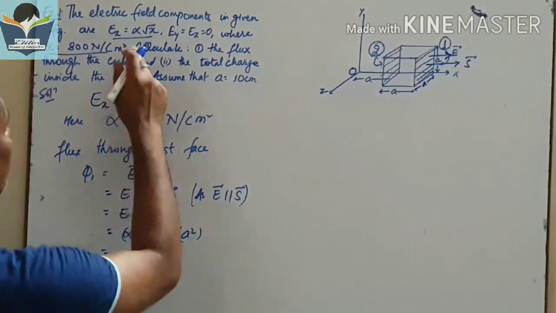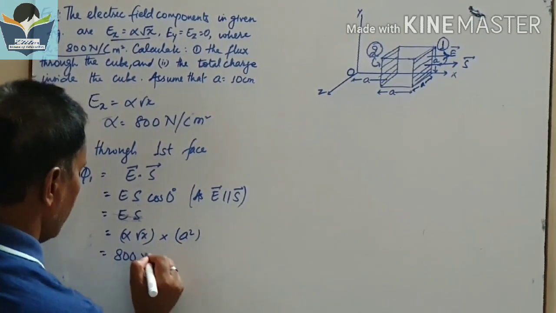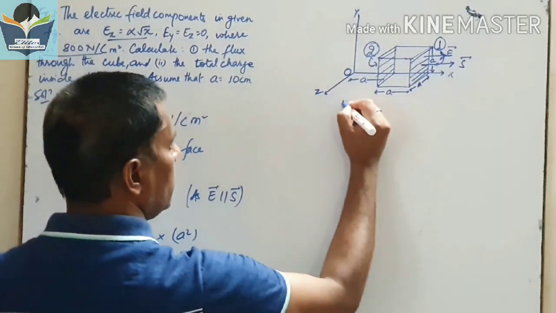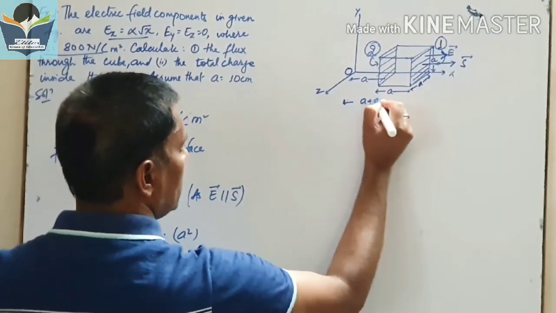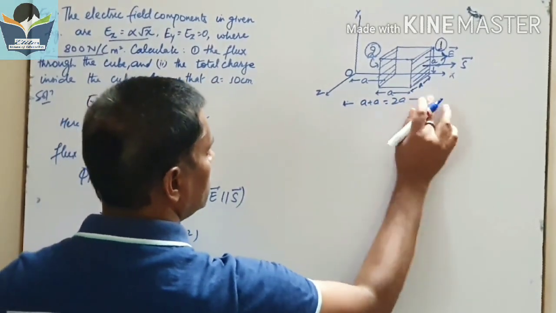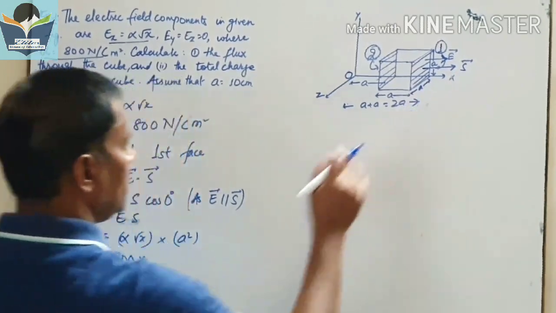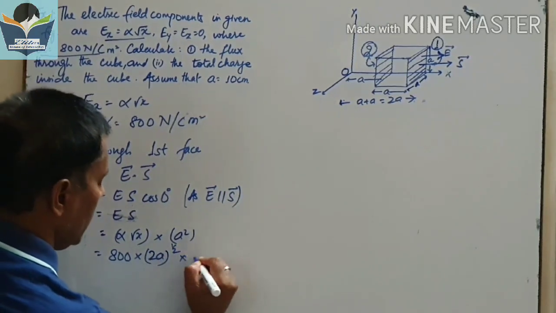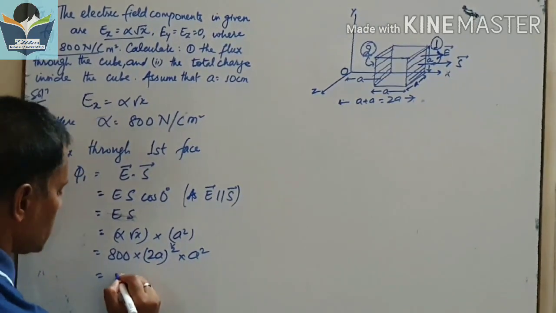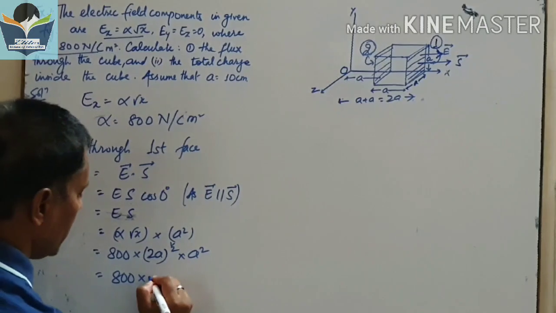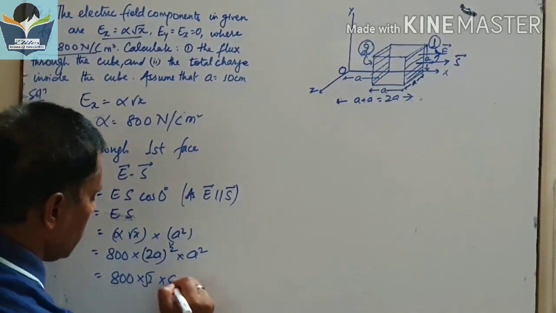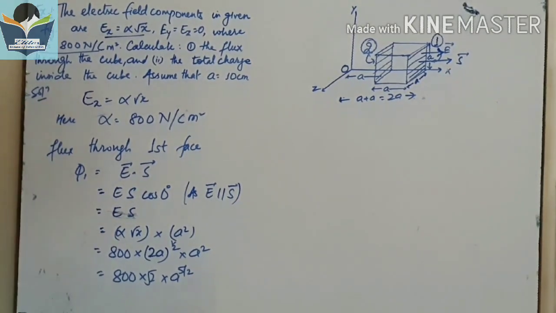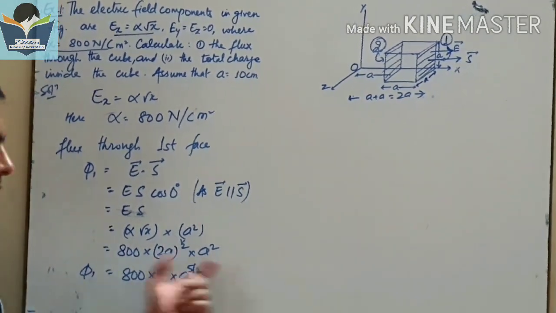Alpha given to us is 800. How much is x? For this face, x will be a plus a, that is 2a. So this is 2a to the power half into a squared. So this comes out to be 800 into root 2 into a to the power 5 by 2. This is the flux through the first surface.